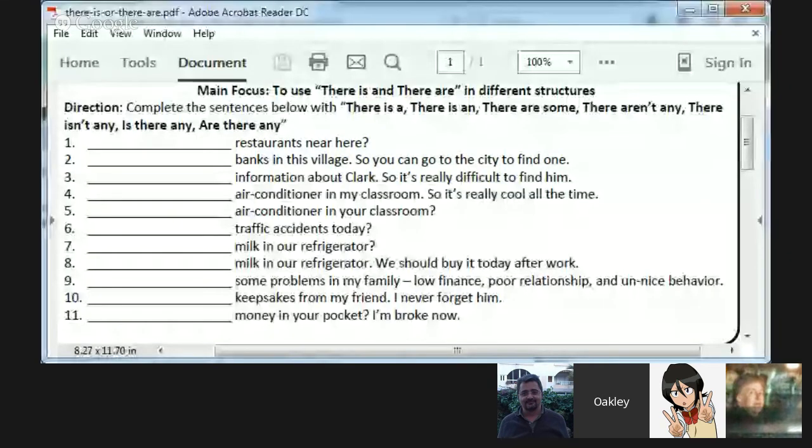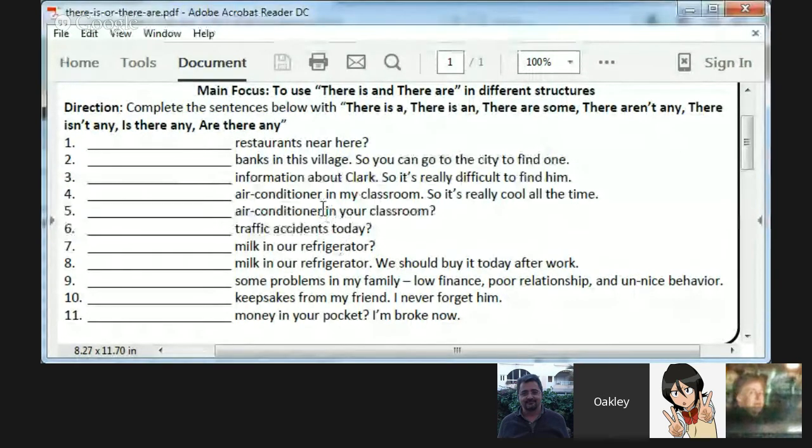All right. Let me see here. Okay. Now, this one's going to take the same problem we just looked at. Well, not so much of a problem, but add a little element of danger. Okay. Not really. That's dramatic. Again, there is and there are.